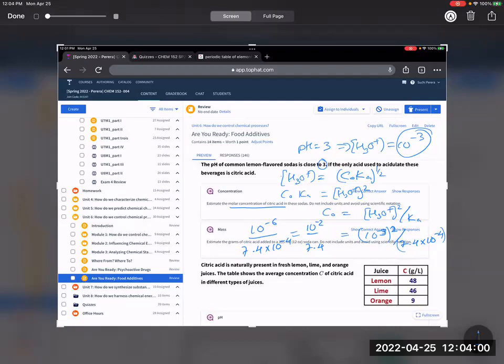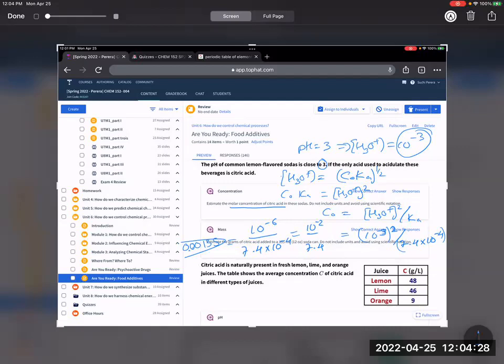That is equal to 0.0135. That should be your answer. Actually, 0.00135.